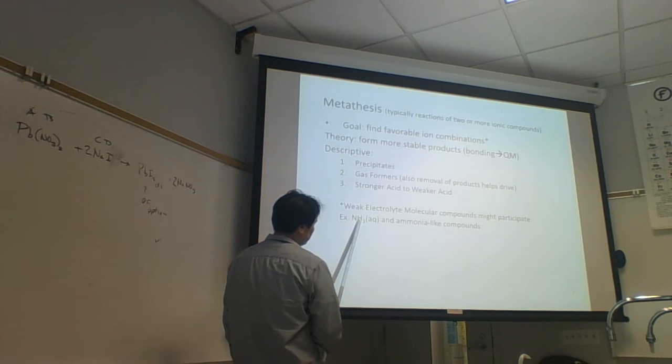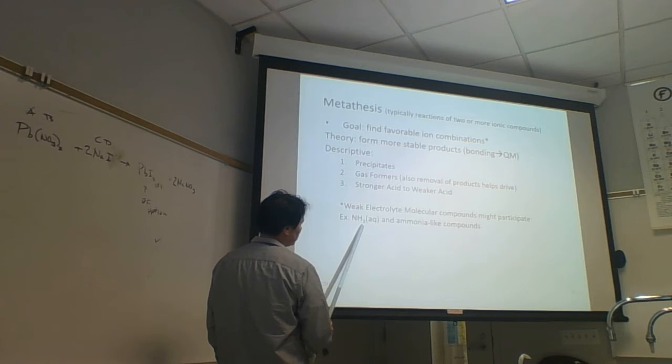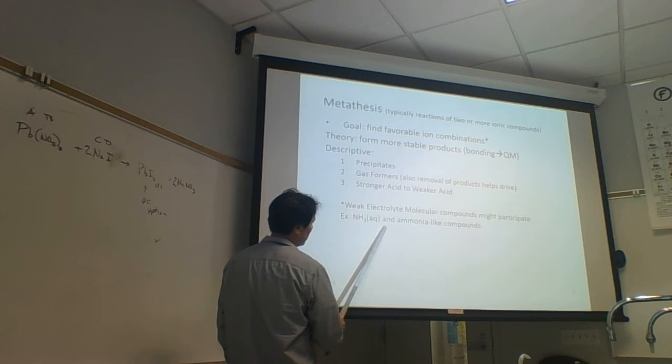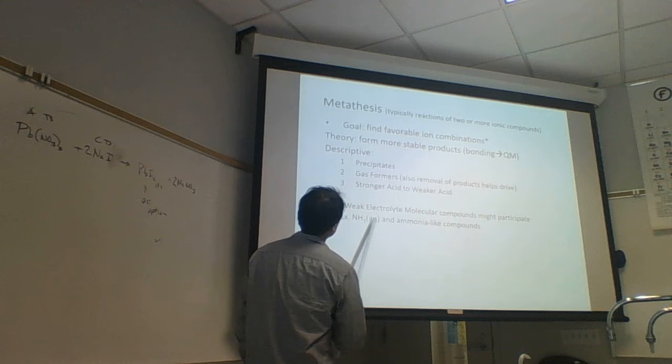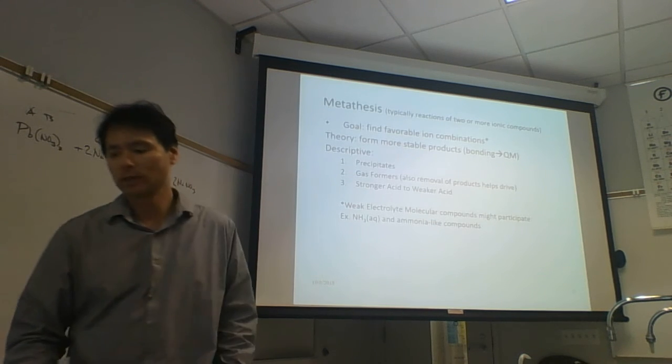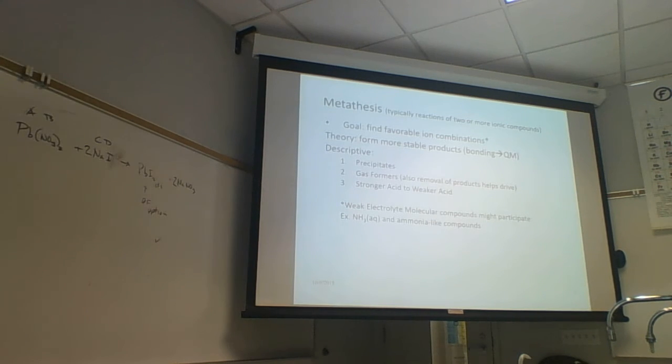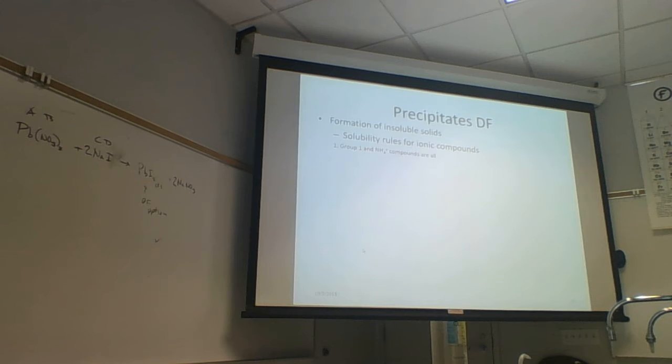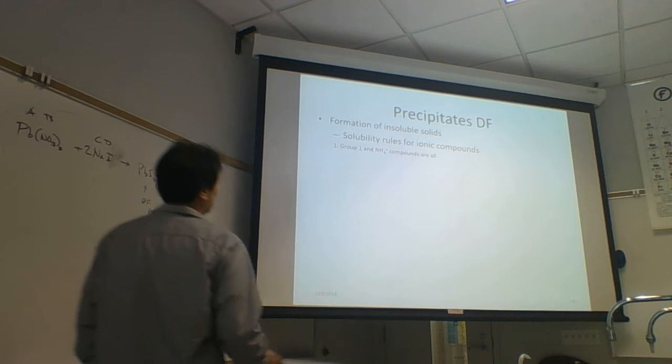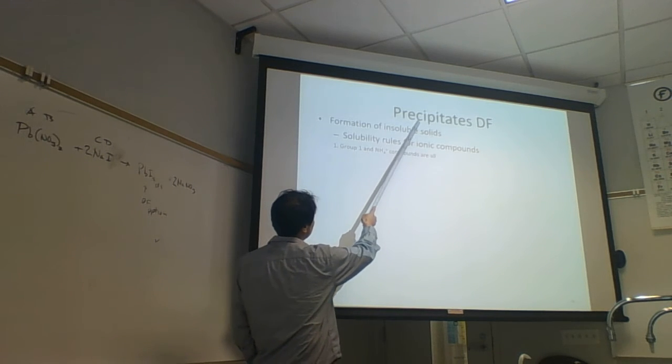Ammonia doesn't contain any ions, but ammonia can react with water to form ions. So that's why we might consider ammonia in metathesis reactions. So let's look at examples of this. But when we look at examples, we have to look at what ions like each other, and what ions like each other are ions that will combine to form insoluble precipitates.